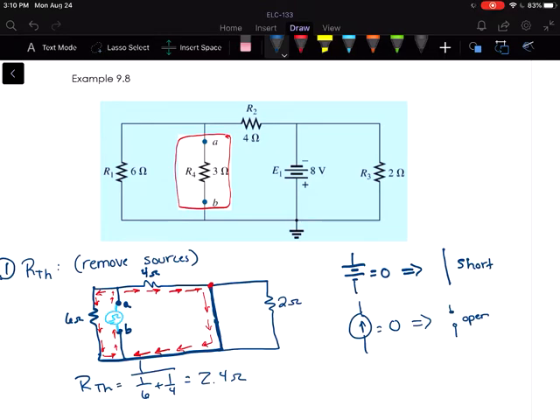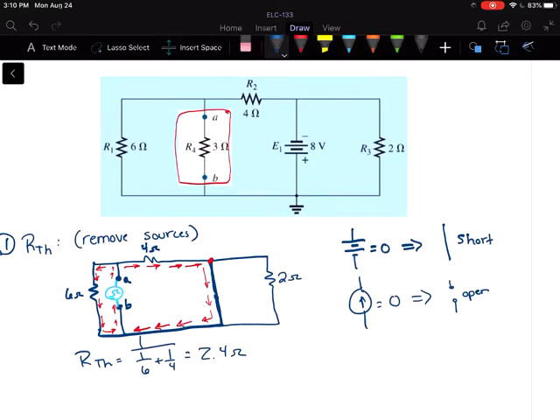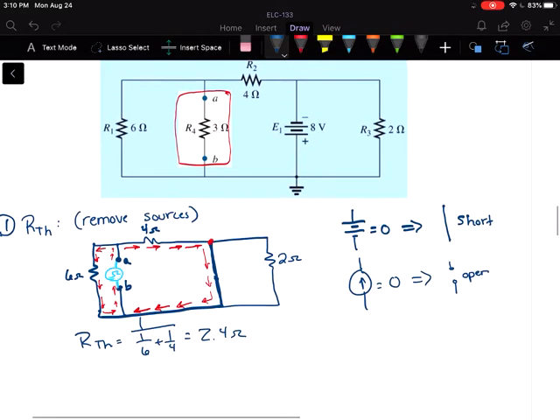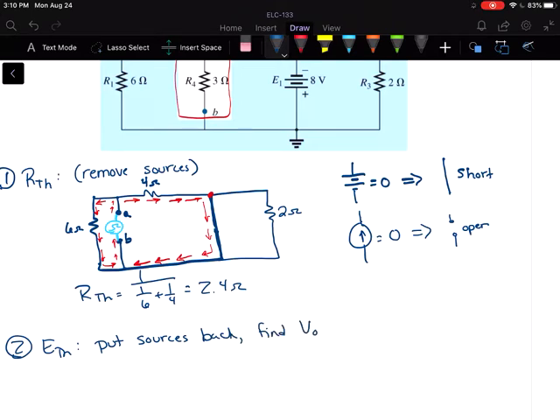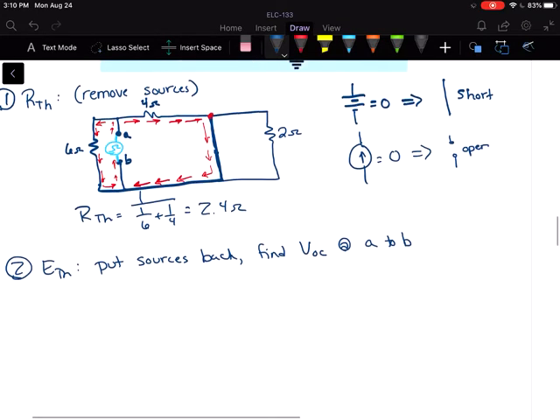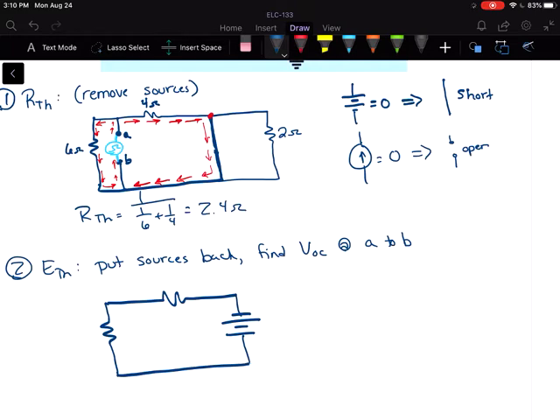And now we want to find our E Thevenin. So we put our voltage source back into the circuit. Put sources back. Find the open circuit voltage at A to B. Okay, so I'm just going to redraw again. 6, 4, there's that 8-volt source, 2 ohm resistor out here.